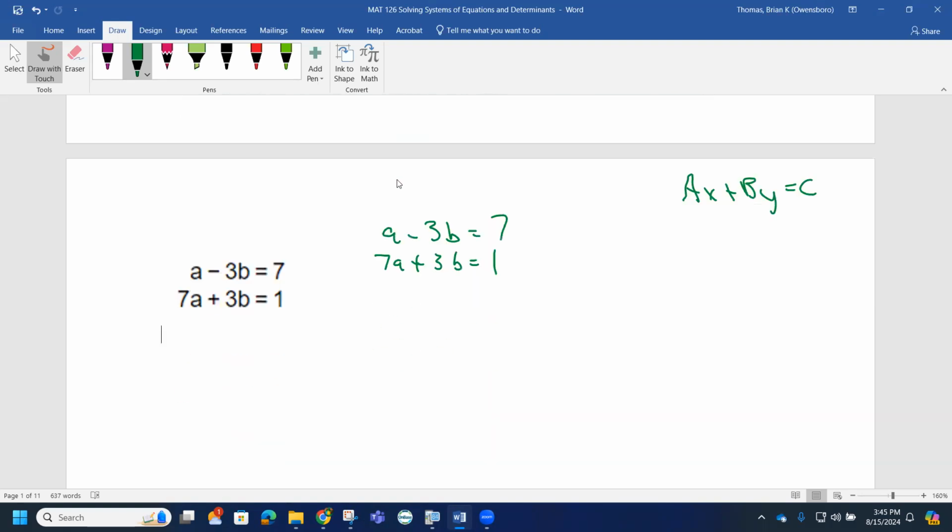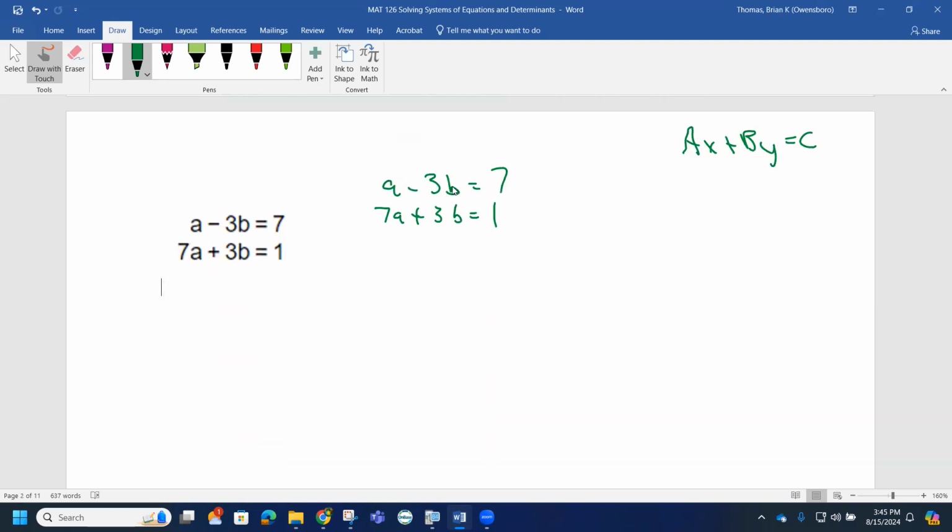If I look at this, we want to add these two equations together, but in such a way that one of the variables disappears. Right now, if I add a to 7a, does that variable disappear? No, that turns into 8a. But if I look at the b's, does negative 3b and 3b add to zero? Yes.